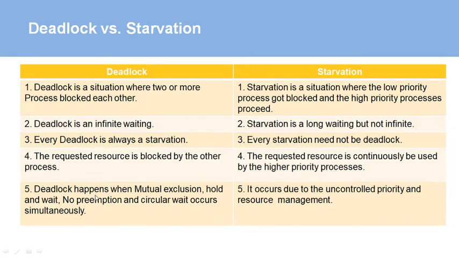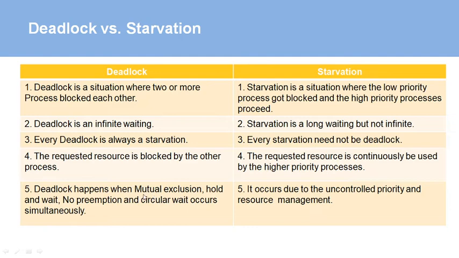In deadlock, the process is being blocked by some other process, but in case of starvation, the resources are continuously being used by the higher priority processes. That is the difference. Now, in case of deadlock, there are some necessary conditions.